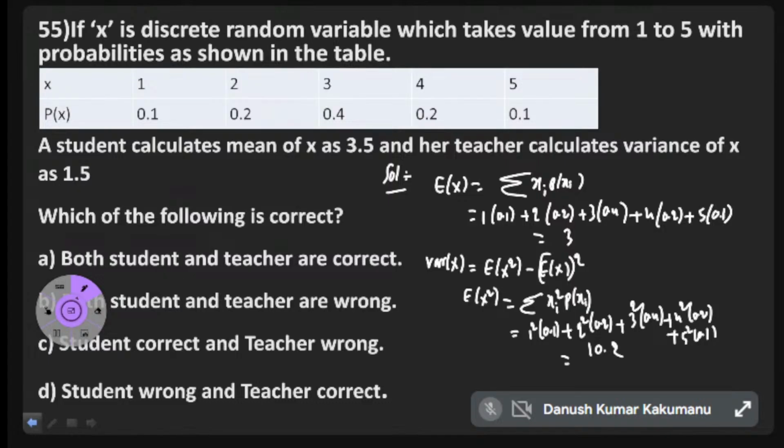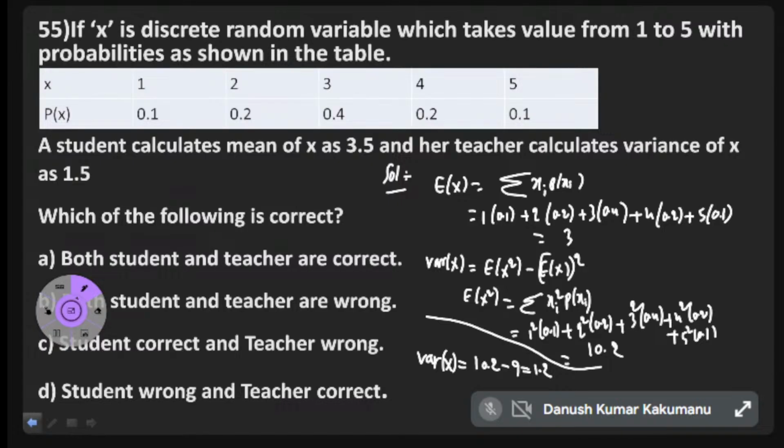Then what is the variance of x? Variance of x is equal to E of x square minus E of x whole square. 10.2 minus E of x, 3 square, is what? 9. What is the result we got here? 1.2. Original variance is 1.2. The variance calculated by the teacher is what? 1.5.